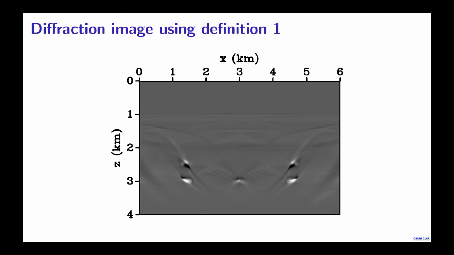This is the image produced using definition 1. This is the image produced using definition 2. And these two images are comparable. So the two specularity formulations both work. It's just the choice of weight function that differs and should be made appropriately to make these diffraction images.